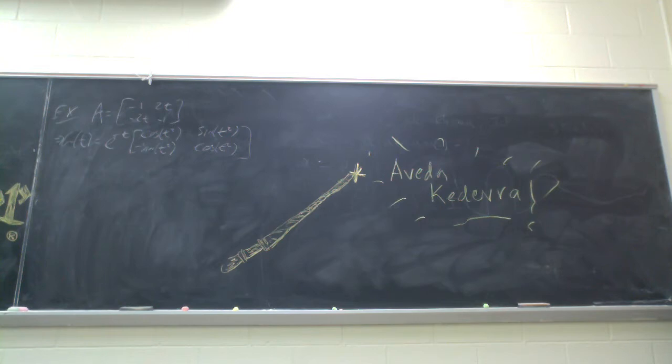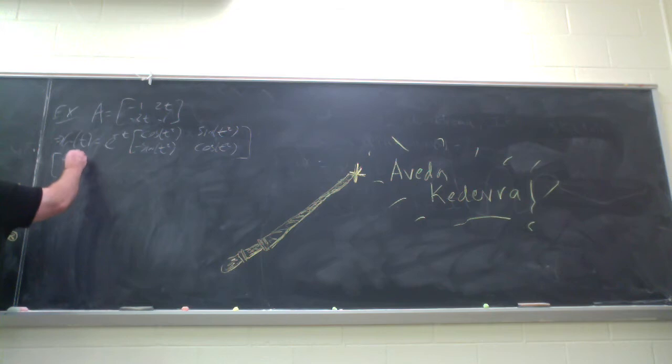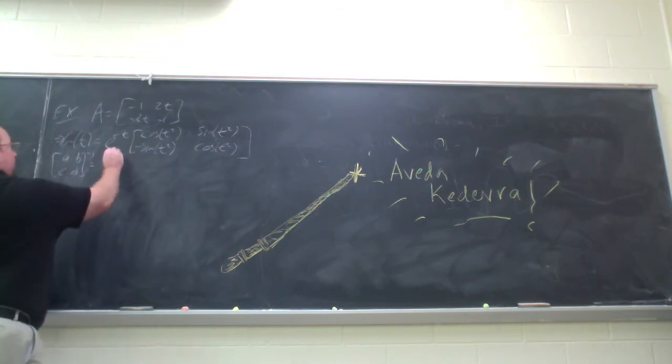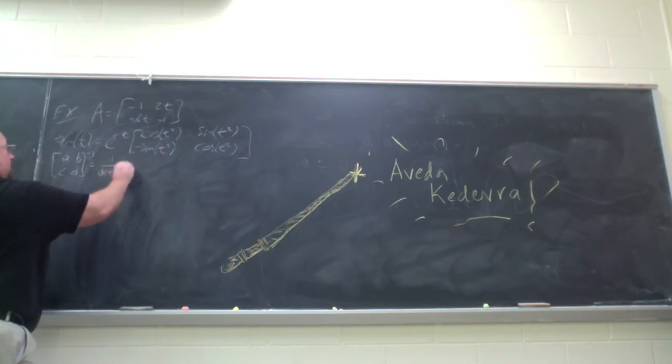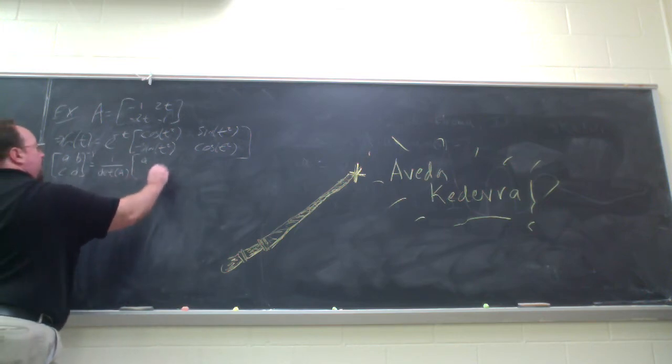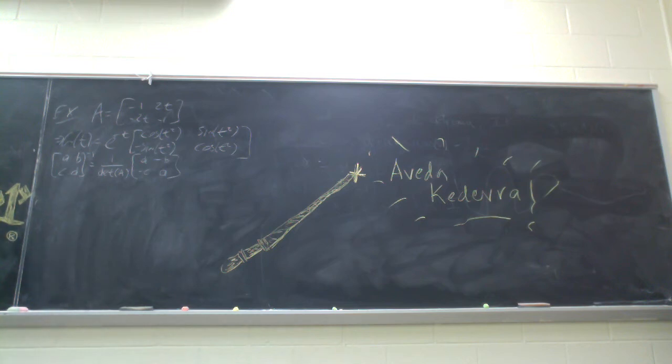So if you have a 2 by 2 matrix, you have an explicit formula for the inverse. That is 1 over the determinant, and then we switch the diagonal entries and negate the off-diagonal entries. Okay. So now we can go ahead and use that to write down the inverse.